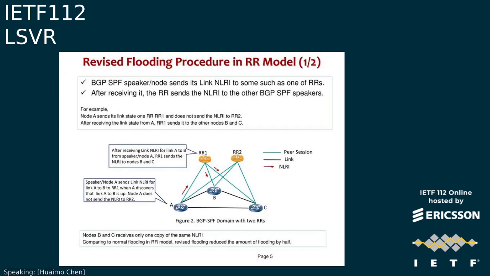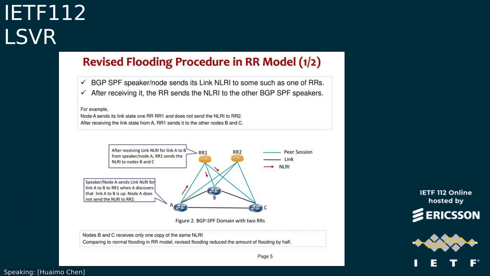So, the revised flooding procedure in the RR model. In this revised procedure, a BGP speaker will only send its link states to some of the route reflectors. After receiving these link states, these route reflectors will send the link states to the other BGP speakers.